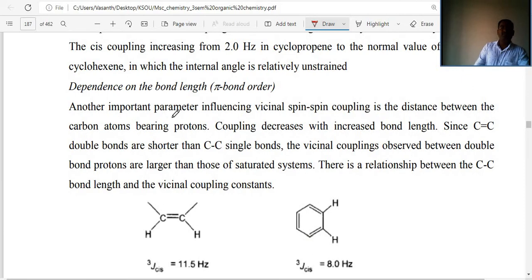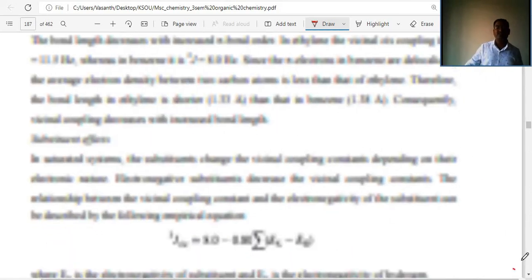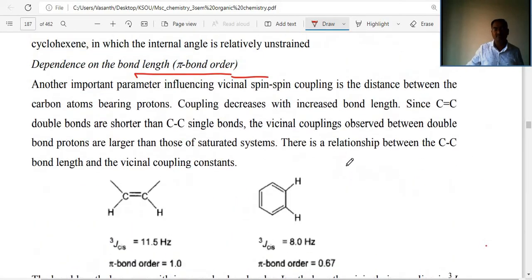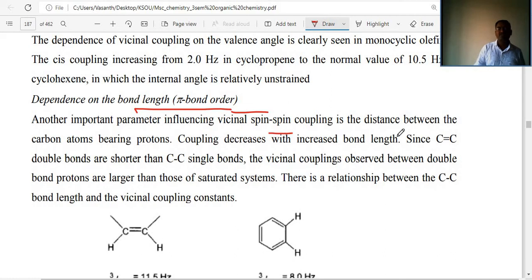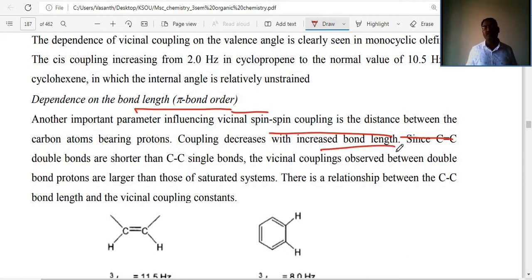The dependence on the bond length, the pi bond order: another important parameter influencing vicinal spin-spin coupling is the distance between the carbon atoms bearing the protons. The coupling decreases with increased bond length.